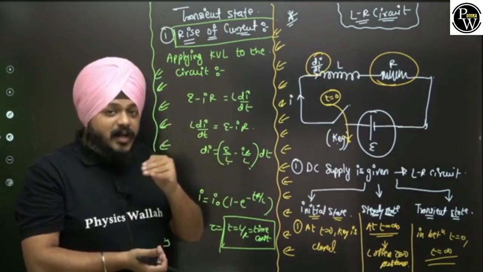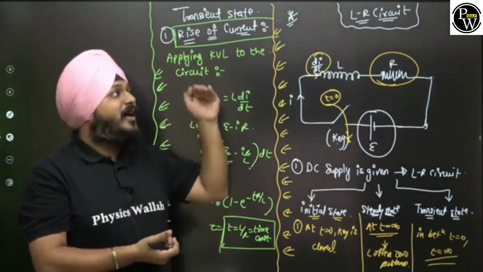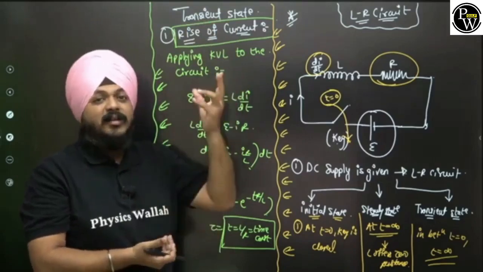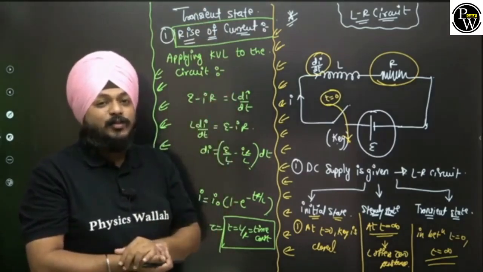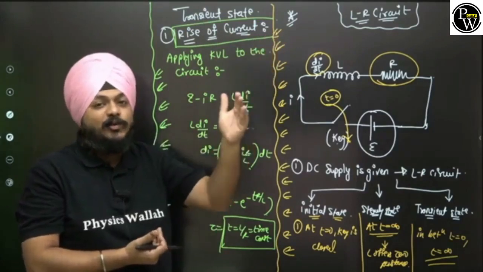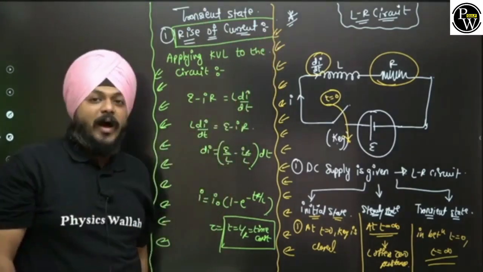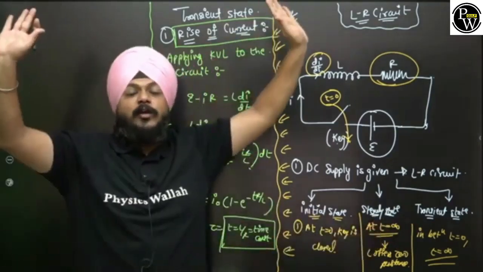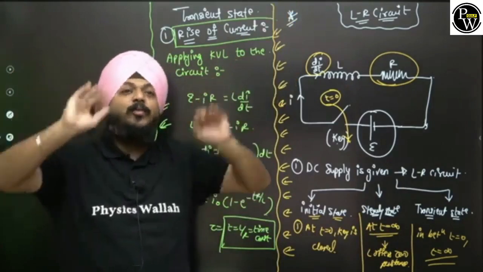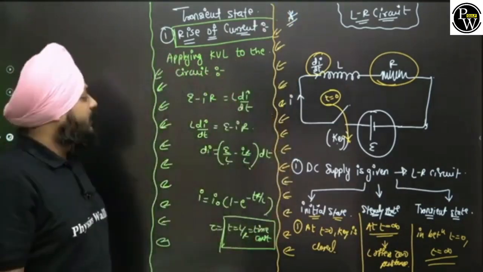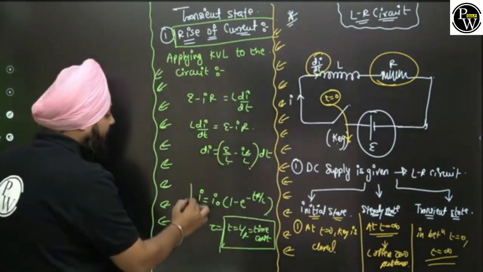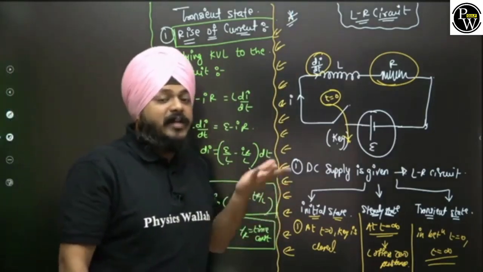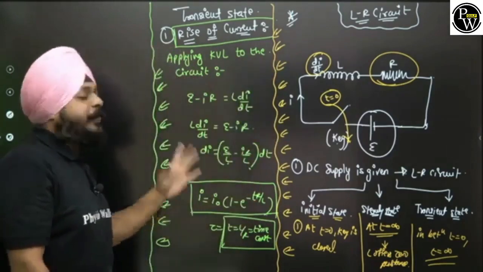The current is rising because the inductor is slowly storing its energy, so from infinite resistance its resistance value decreases to 0. Why? Because in the steady state we saw that at infinite time the inductor gives zero resistance and only the resistor is active. So this is the formula for the rise of the current in this circuit. How the current is rising is represented by this mathematical expression.